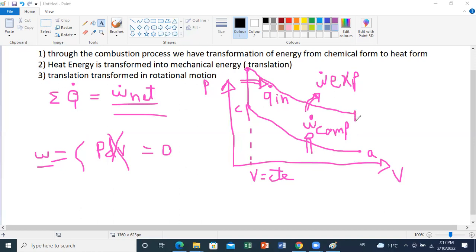You remember how I can do graphical interpretation of work? Was it the area under the curve? Very good. If you go back to this definition, the work is integral PdV. Mathematically, when you do integral of a function with respect to a variable, this represents graphically the area limited between the curve and the graph. So let us use another color.